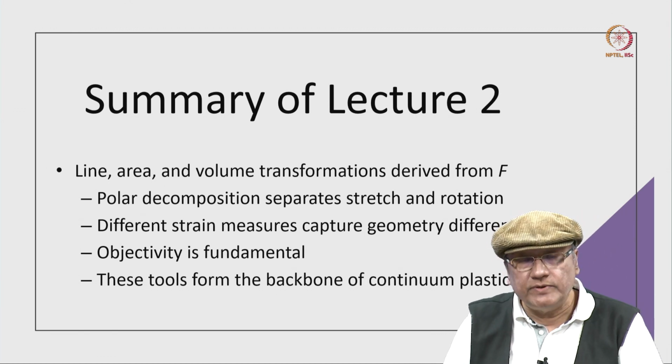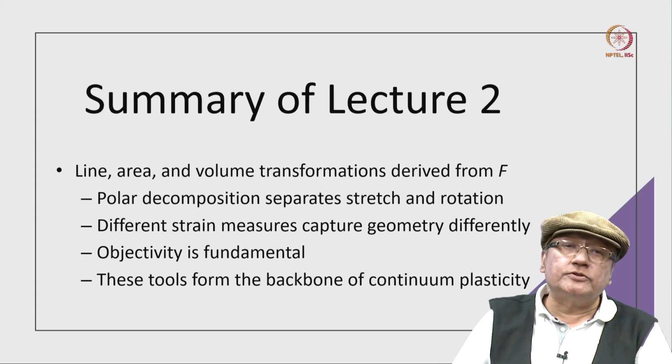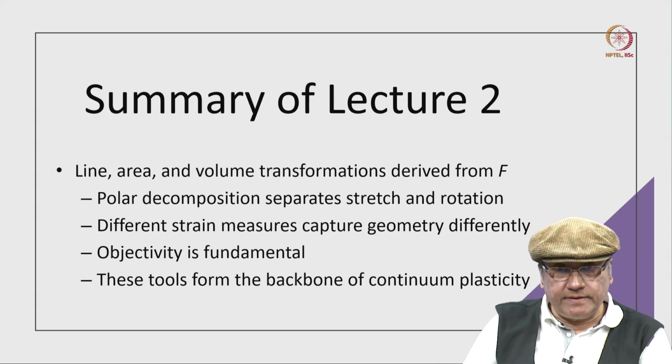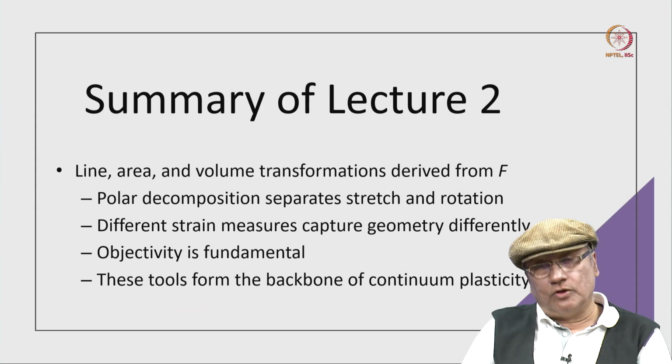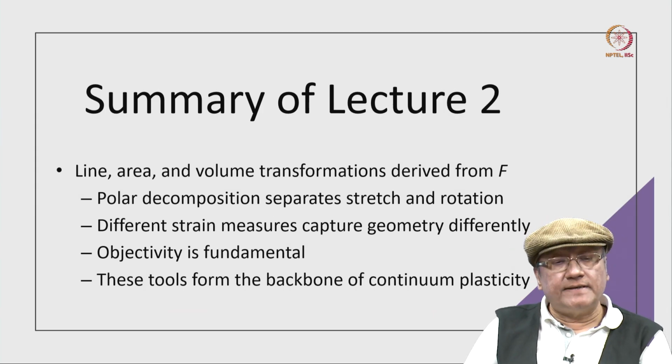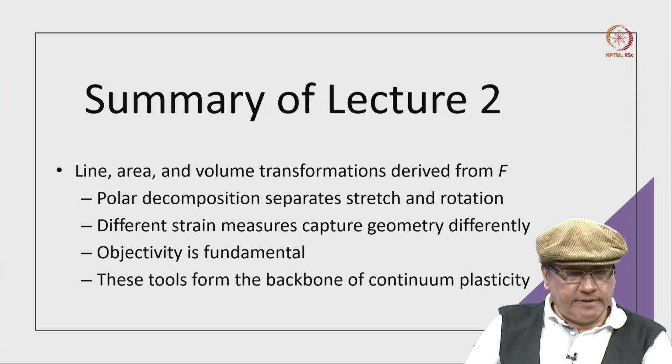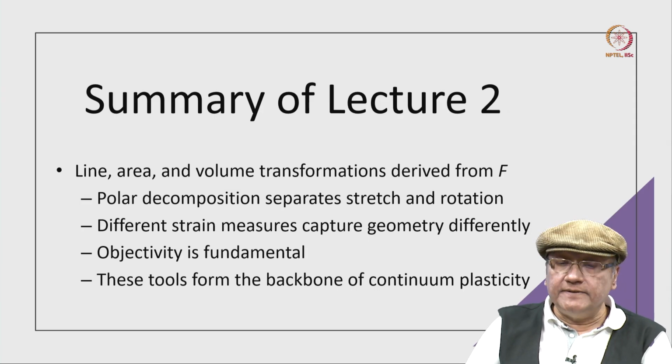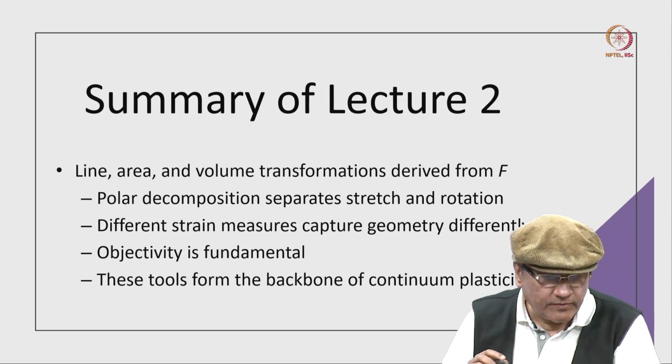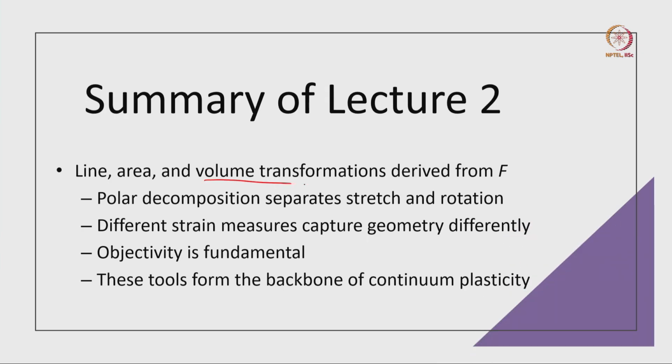So basically what we have done is we have talked of the effect of deformation gradient, the local effect always of deformation gradient as a tangent space object on infinitesimal line, infinitesimal area, and infinitesimal volume transformations, right? How these things transform under F. We have also understood the polar decomposition of the deformation gradient, which separates stretch in a generalized sense from rigid rotation, right?